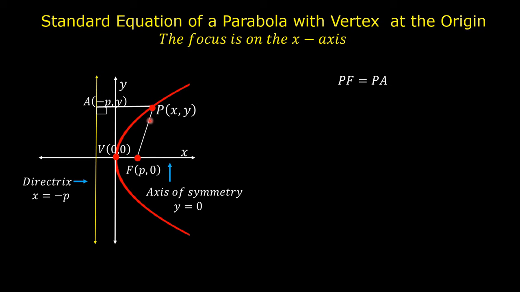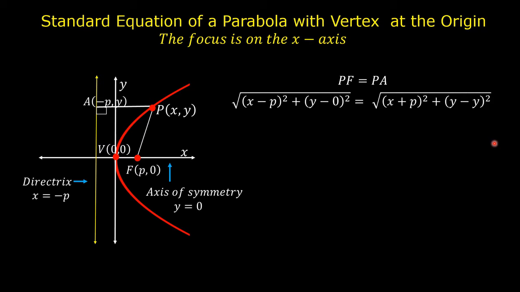Using the distance formula, the square root of the quantity (x minus p) squared plus the quantity (y minus 0) squared is equal to the square root of x minus p, that becomes x plus p, and then squared plus the quantity (y minus y) squared.